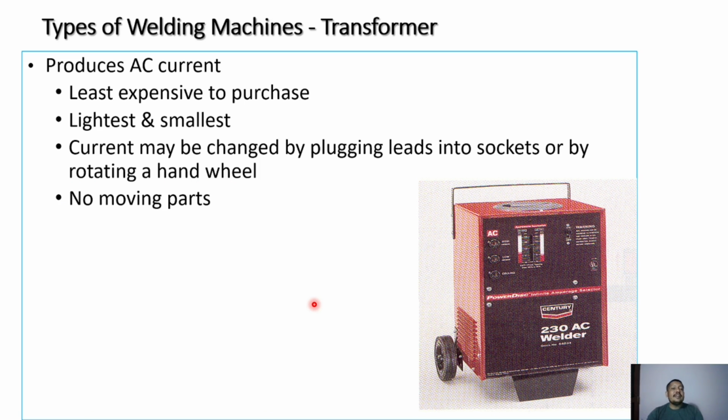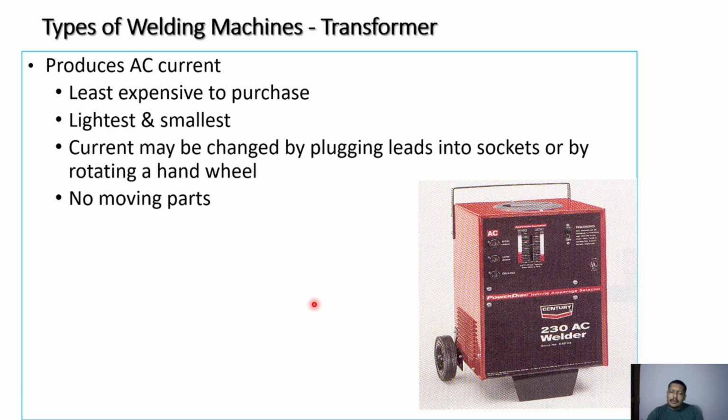If it is a transformer, you have to understand that it is an AC power source, and in almost all welding conditions you can get a single phase electric supply or a 3-phase electric supply, that is 220 volts or 440 volts.